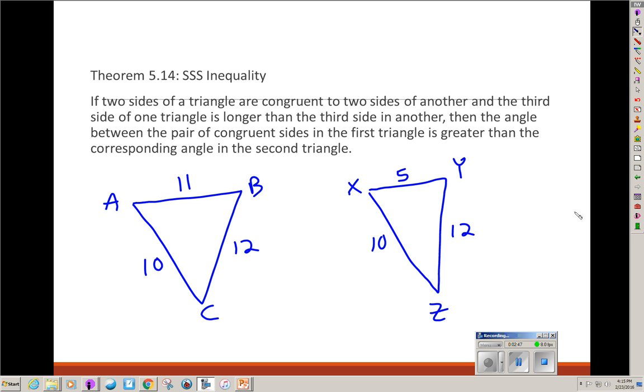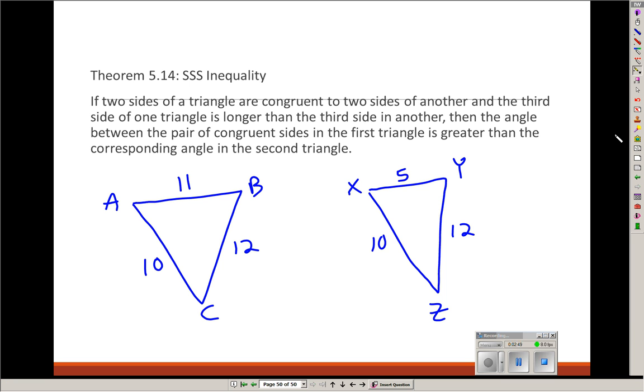So take these triangles for example. You have a congruent side of length 10 and a congruent side of length 12. Look at the third side. The third side on this triangle is 11. The third side on this triangle is 5.